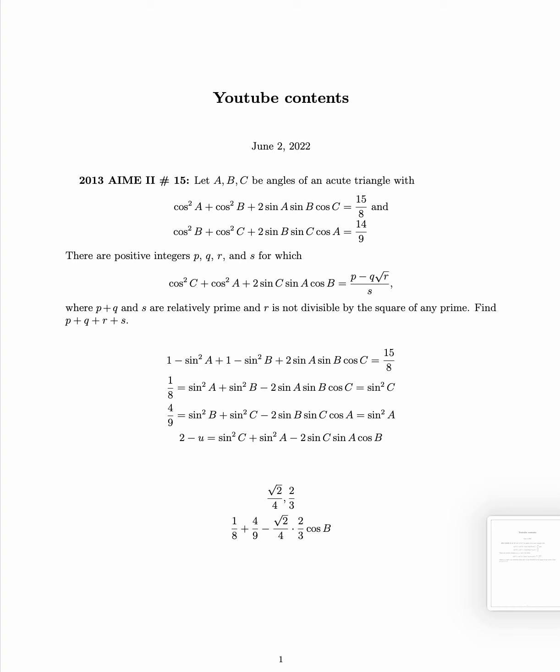And we want to find what that value is. So therefore we only need to solve for cosine B then. Right? Cosine B.